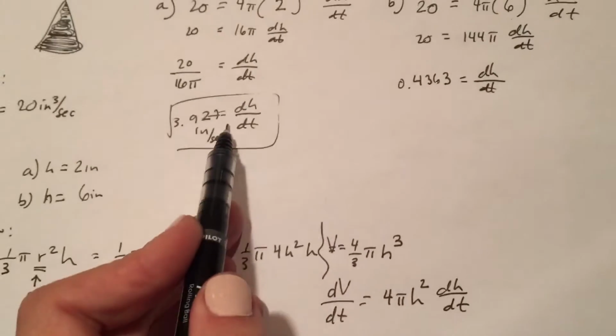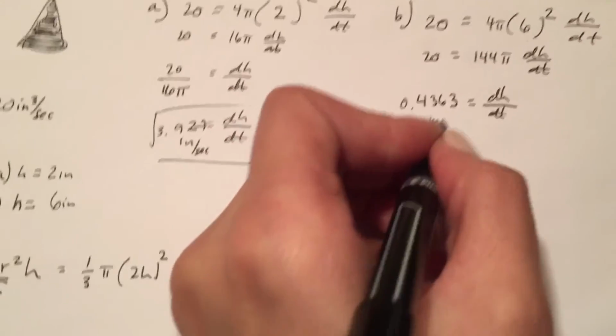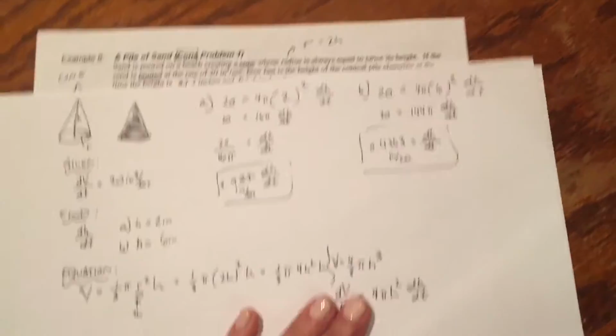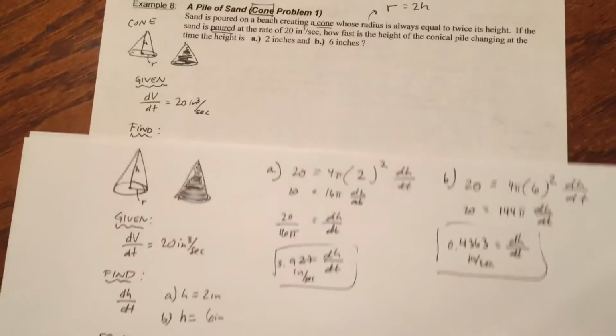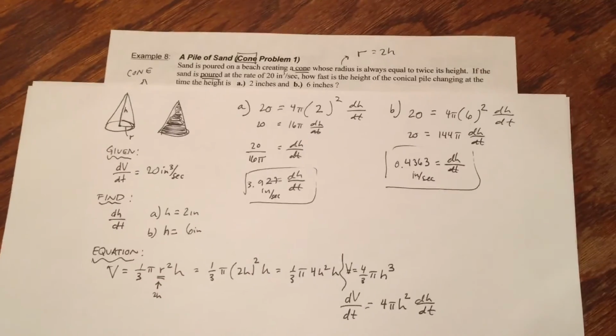Let's do at least 3 decimal places, that's how the final exam likes to do it, and then it's inches per second. Beautiful. Well, we've got one more. So that's example 8.